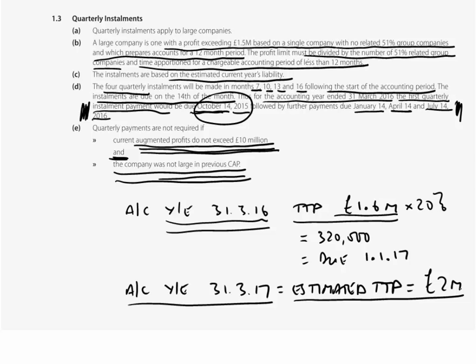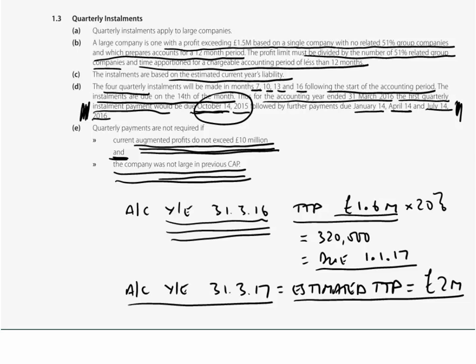And notice anything there specifically about those dates as compared to when you would be paying your corporation tax for the previous year. Write down the due dates now for the year ended March 17, and notice if you see anything about the timing of those tax payments and the very serious adverse cash flow effect that the transition from normal due date to quarterly instalment payment system will have on the company. So calculate the amount due each quarter and state the dates when it would fall due, please.